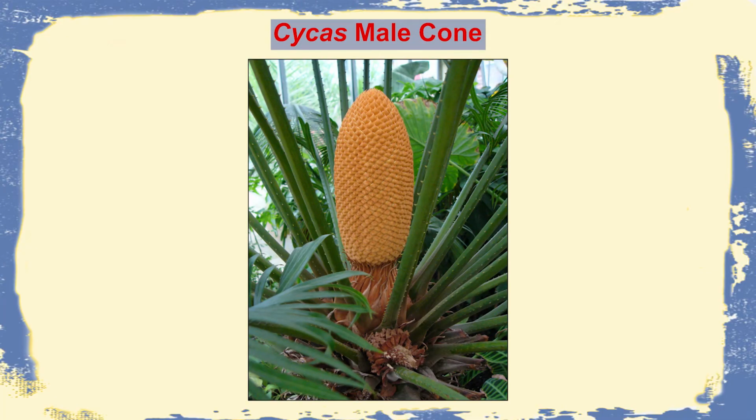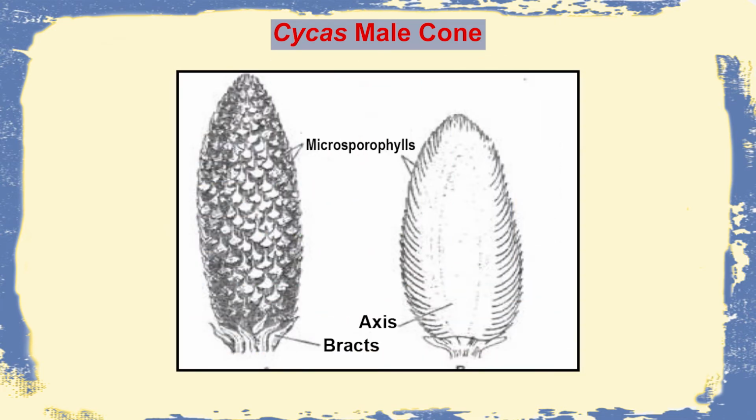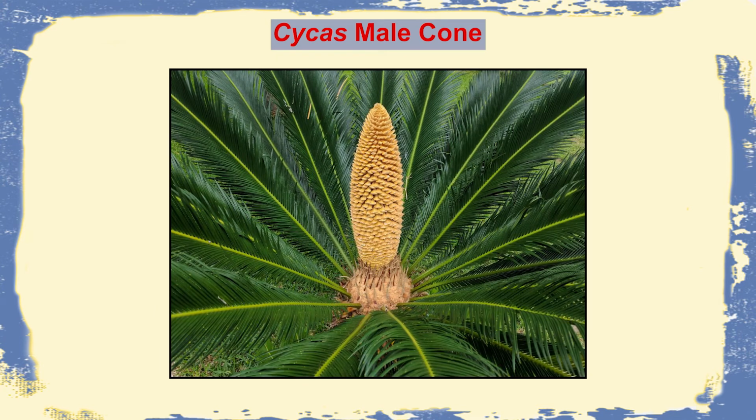We now come to the reproductive structure. As we can see here, the Cycas male cone is an oval structure having microsporophylls inside, and these microsporophylls will have microsporangia, and normally it is at the center of the crown of leaves.